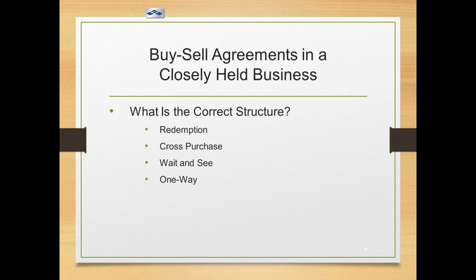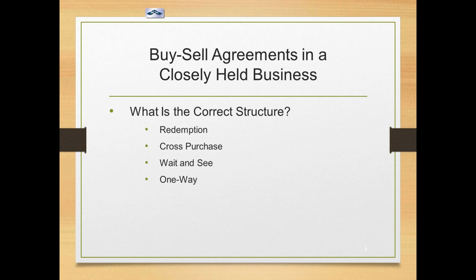Let's say that we've got XYZ Corporation, and owner A and owner B are each the 50% owners of XYZ Corporation. And let's say that the value of XYZ Corporation is $2 million. So the question is, if we're going to do an entity purchase or redemption buy-sell arrangement, what does the agreement say?